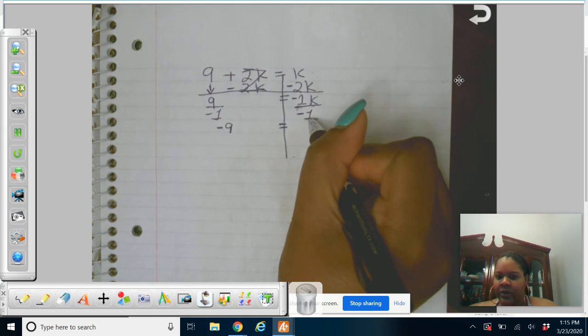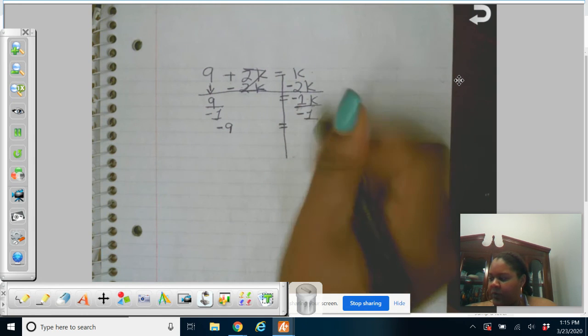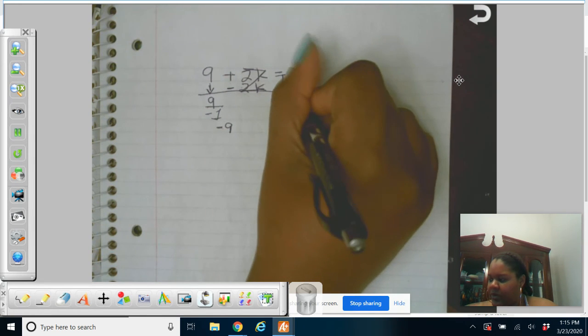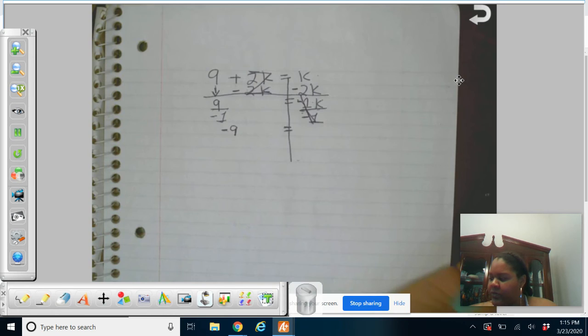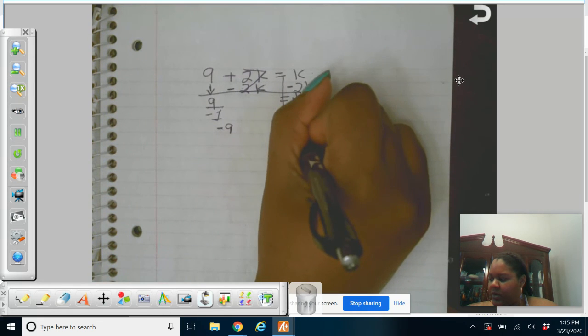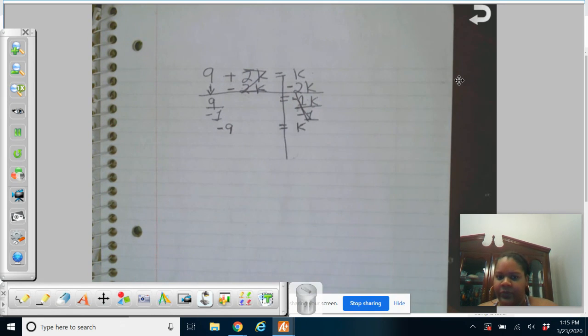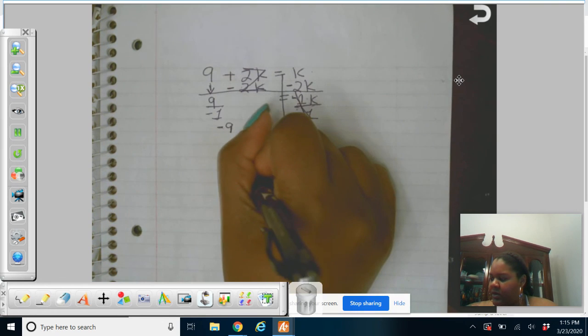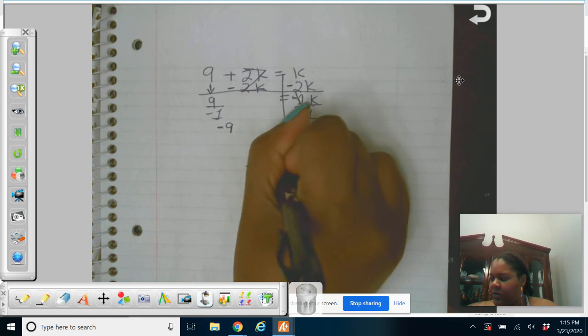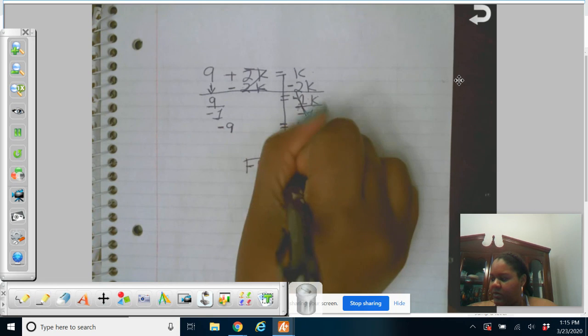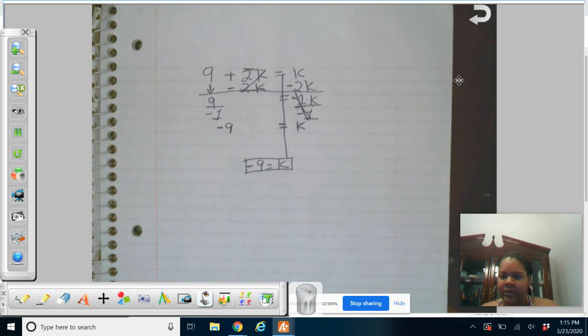And over here, negative 1 divided by negative 1 cancels out, and I'm left with k. So negative 9 equals k. That'll be my final answer.